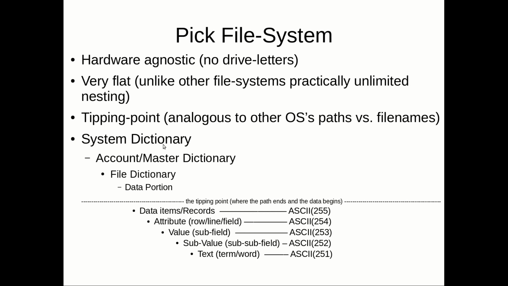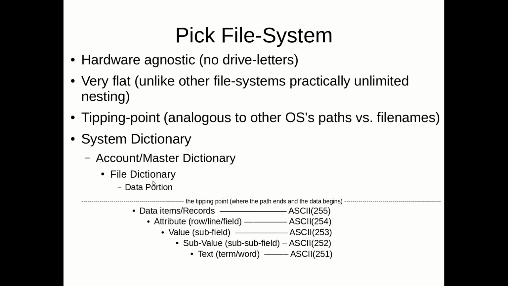So within a system, you have multiple accounts or master dictionaries. When you're looking at it from the system dictionary perspective, those are called accounts. When you're inside the account, you call it the master dictionary. Then within the master dictionary or the account, you can have any number of file dictionaries. So that's 1, 2, 3 levels down.